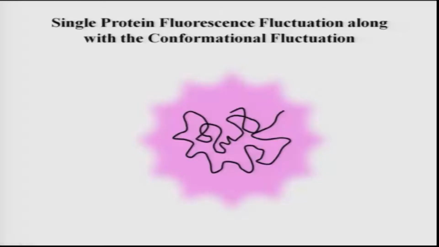Next, I would like to show you another advantage of single molecule spectroscopy by showing this type of reaction. Let me have a reaction with a substrate labeled with a fluorophore.